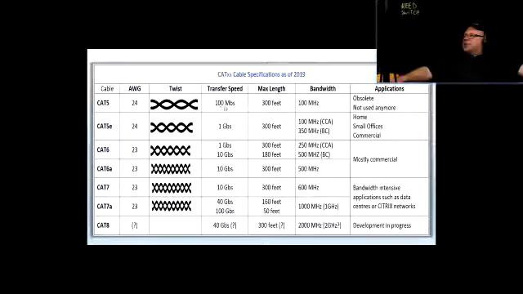Now, the transfer speed versus the bandwidth, okay? The transfer speed is 100 megabits per second. We're not saying megabytes per second, because if we're talking about bytes, we're talking about storage on a hard drive, for example. But when we're talking about speed, we're going to talk about megabits per second, or gigabits per second.